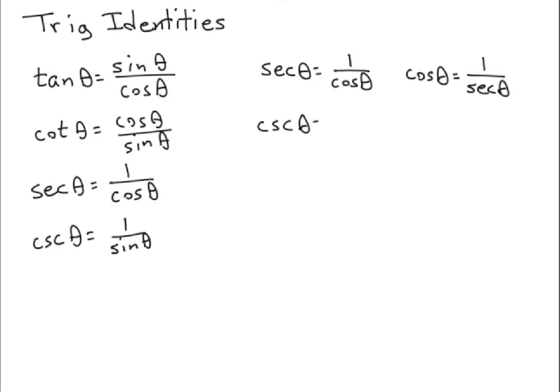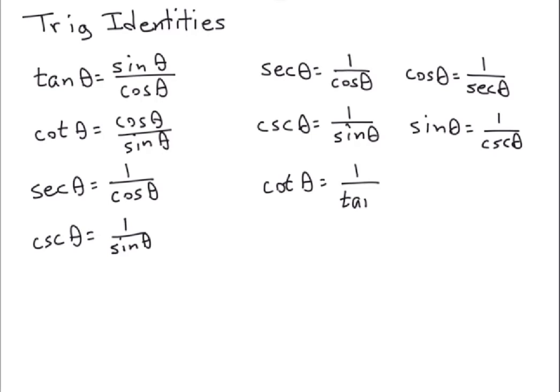Cosecant theta is 1 over sine theta, but also sine theta is 1 over cosecant theta. And then finally, cotangent theta is 1 over tangent theta, and tangent theta is 1 over cotangent theta.